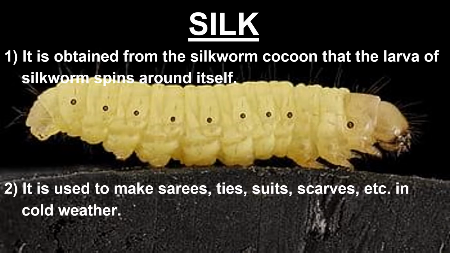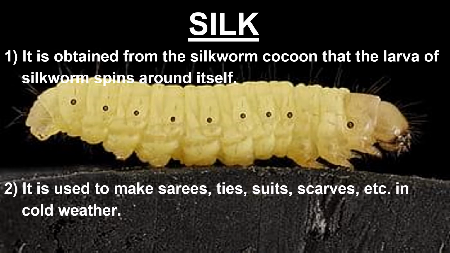Now silk. It's very soft to wear and we all love to wear silk. Yes, but it's also a natural fiber. But do you know that to get silk, we are killing silkworm cocoons, as it is formed from the cocoon that the larva of the silkworm spins around itself.